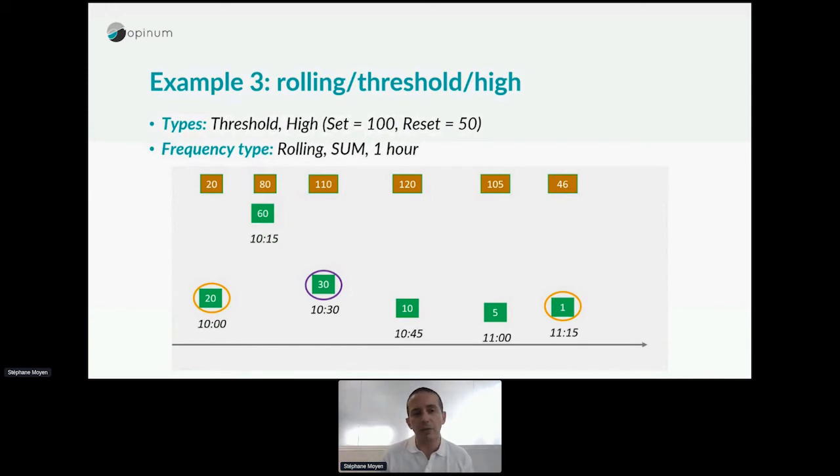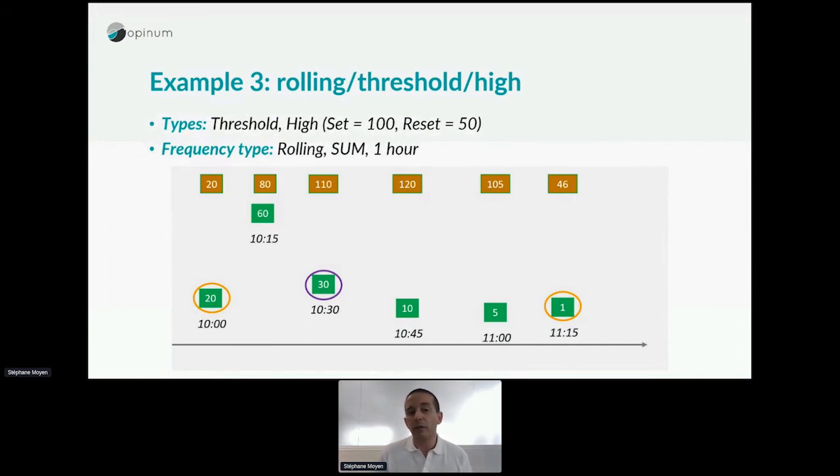And then as you go along with the values, you can see that the aggregated value does not go above the set value, so there's no change in the state of the alarm. When we reach this state here at 10:30, the aggregated value is 110. So since this value is higher than 100, the alarm is in a present state.